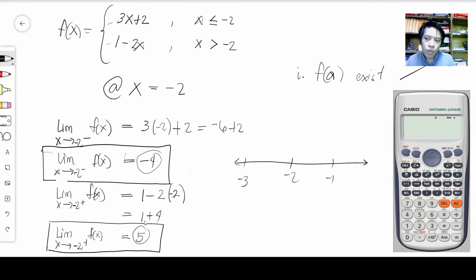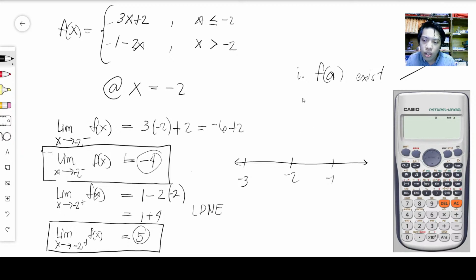Meaning, we did not satisfy the second criteria. Kay, limit does not exist man di ba? The limit does not exist for this case.